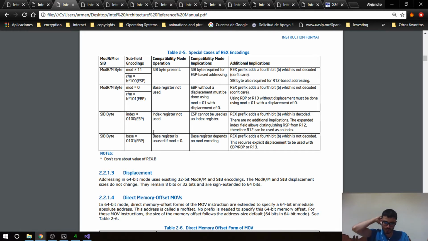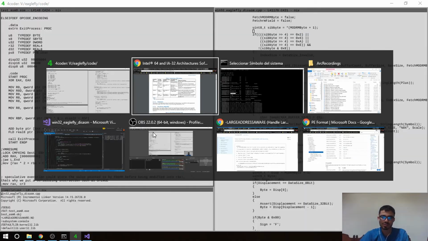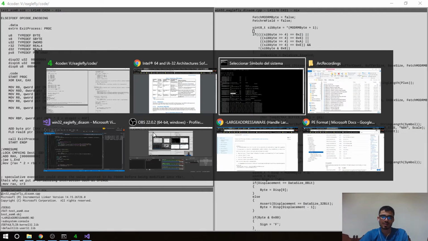So whenever we have X in the index, we can just go straight on. So that's pretty much what we have to do.